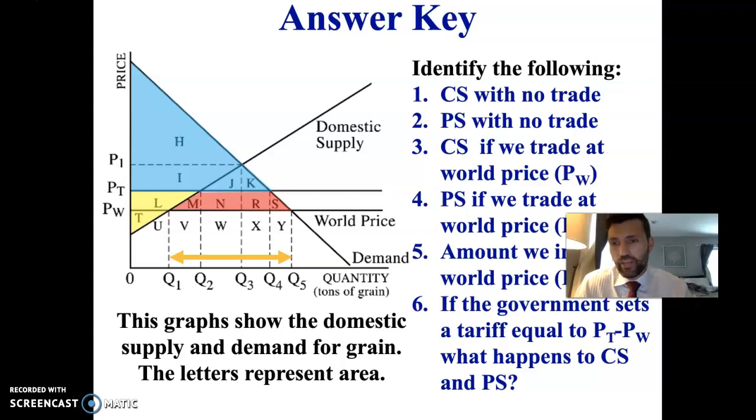The red area of M, N, R, and S is deadweight loss, and the yellow area of T and L is remaining producer surplus. So Q2 minus Q1 is the amount of domestic production that is protected by this tariff, and that amount of domestic production being protected by the tariff equals jobs not lost.